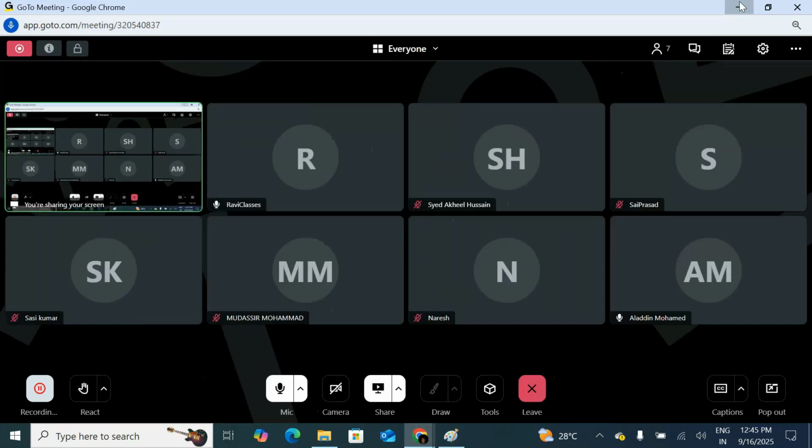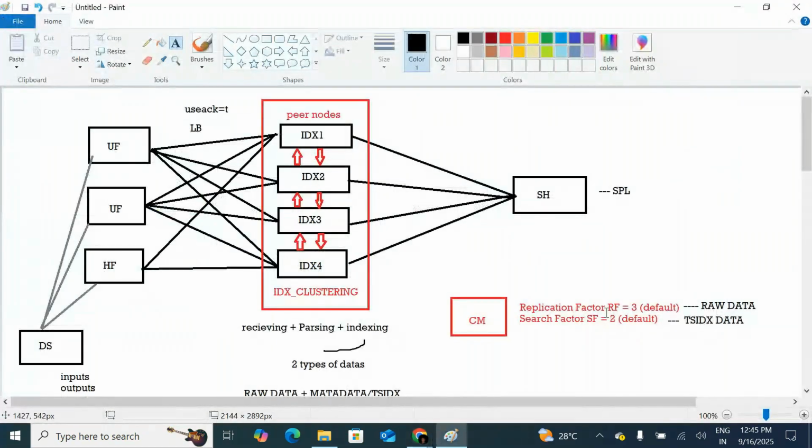Now, here I am mentioning replication factor equals 3 and search factor equals 2 as the default. Splunk recommends the default values of 3 and 2. That means 3 identical copies of raw data and 2 searchable copies of metadata.